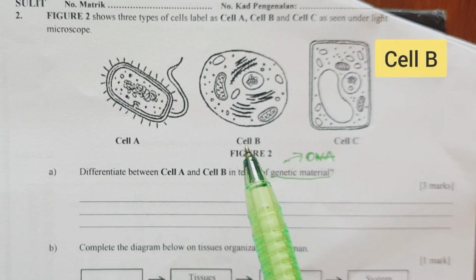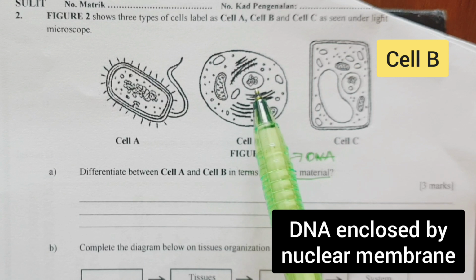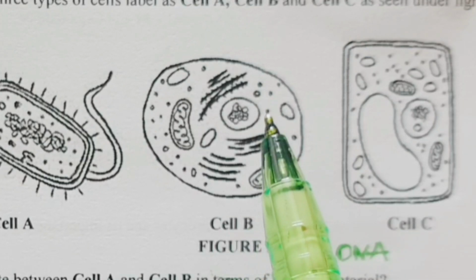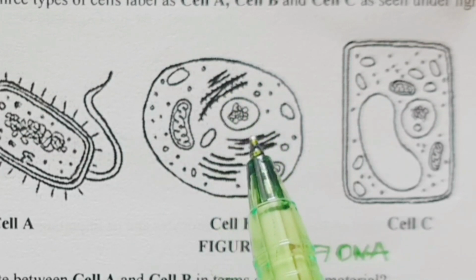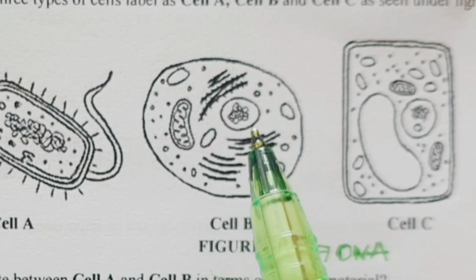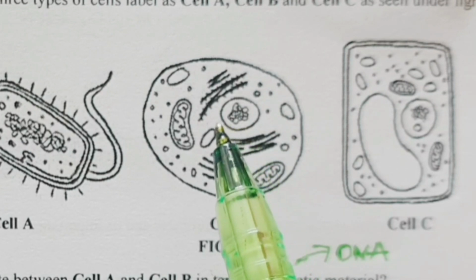But for cell B, the genetic material is enclosed inside nuclear membrane. So sel B pun kita nampak terang, iaitu dia punya genetic material is surrounded by this circle. So circle ini merujuk kepada nuclear envelope. So itu yang point pertama.